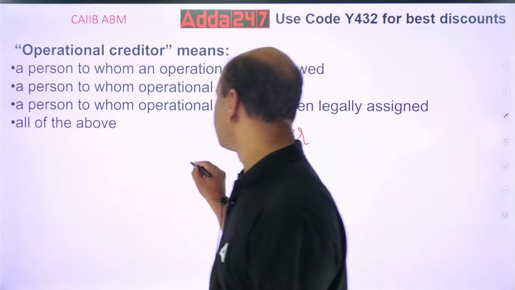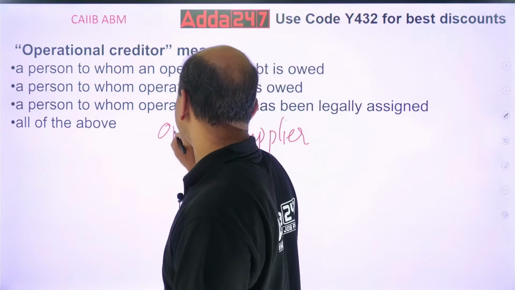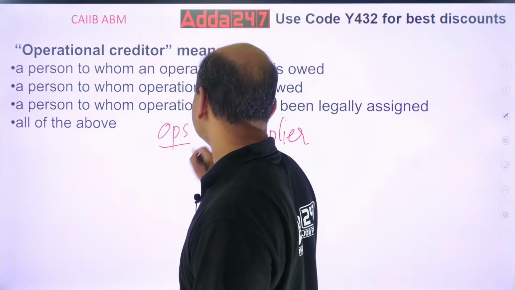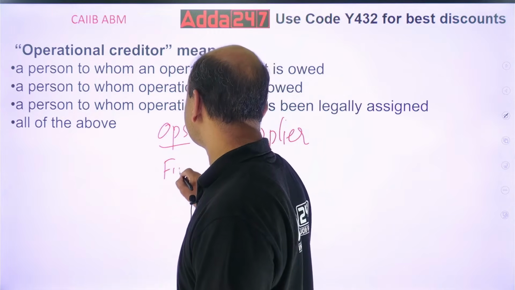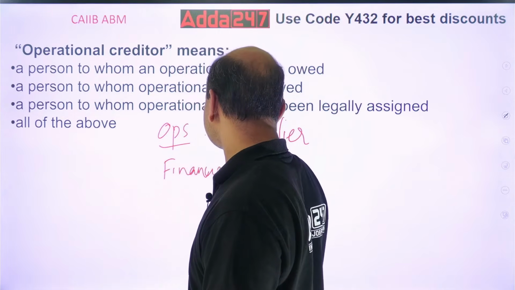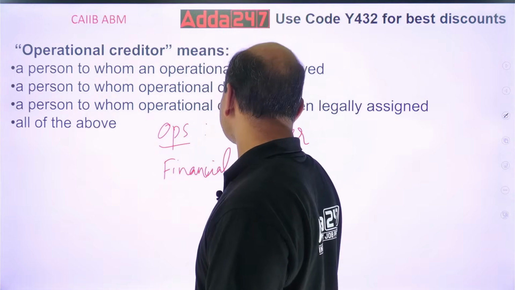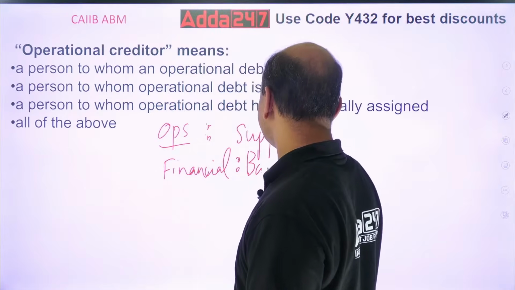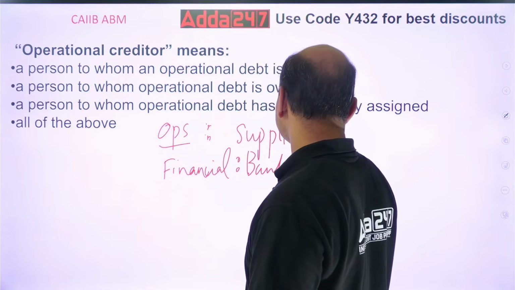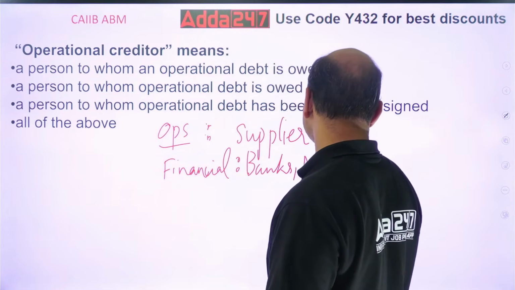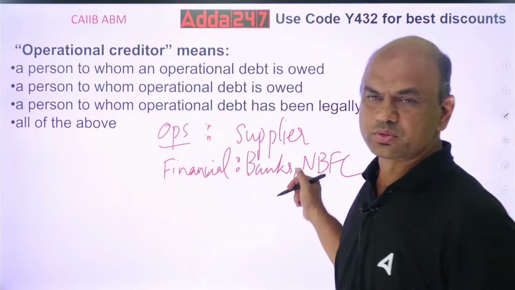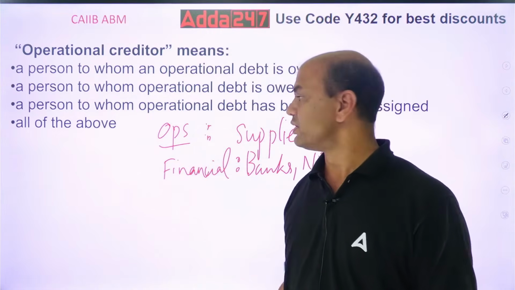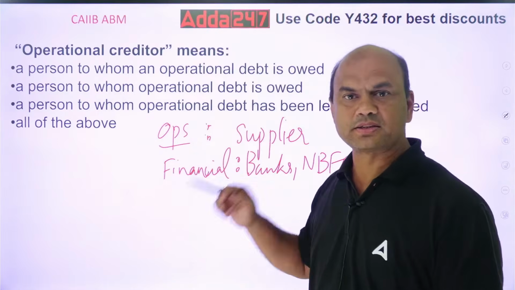So this is the operational creditor, Ops, I'll write it. Second is financial creditor. Financial creditor means banks and FIs, and NBFCs, I'll write it. So who give the finance only? So operational creditor and financial creditor.